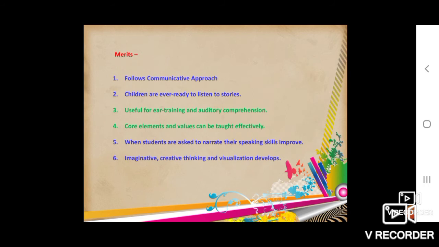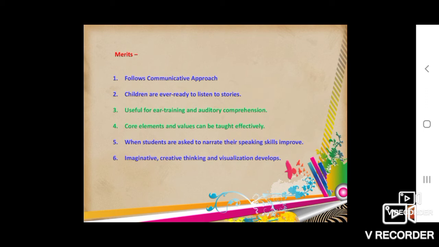And what are the merits of this one? Storytelling follows the communicative approach, where all students communicate among themselves. Children are ever ready to listen to such stories, whether they have objectives or are meaningful.